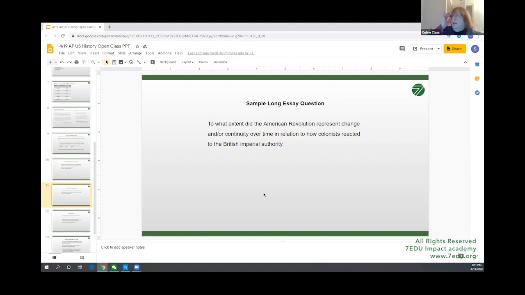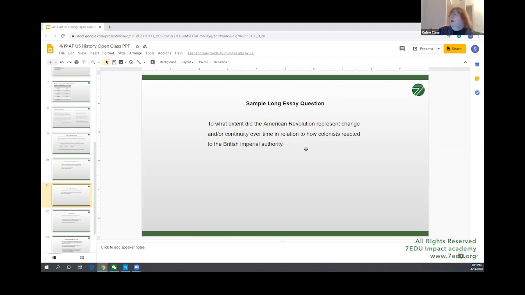The sample long essay question, okay, here we go. To what extent did the American Revolution represent change and or continuity over time in relation to how colonists reacted to the British imperial authority? Again, we have the change and or continuity over time.